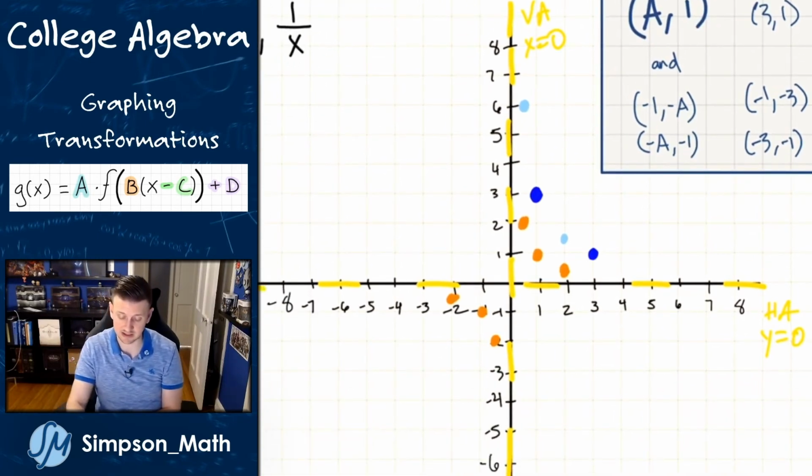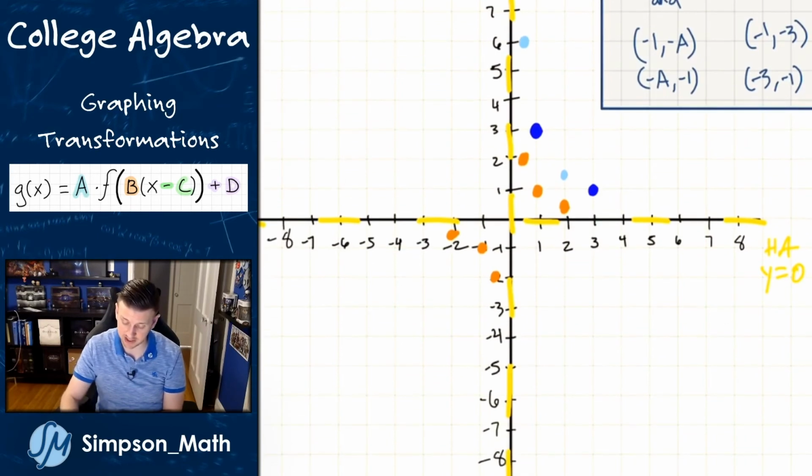And then same thing on this negative side. Negative 1, negative a, negative a, negative 1. Another way to think of this is you can almost think about taking this dot and splitting it into two different directions. So negative 1, negative 3, negative 3, negative 1.